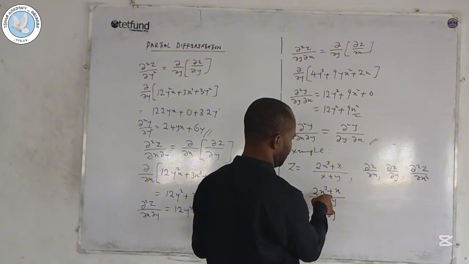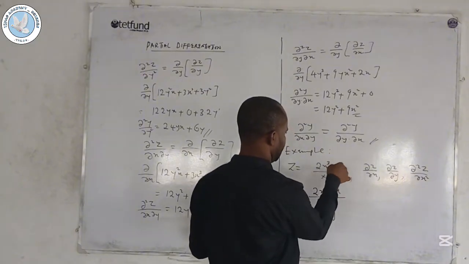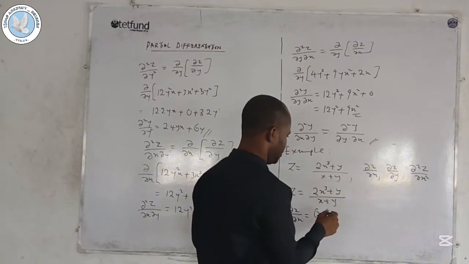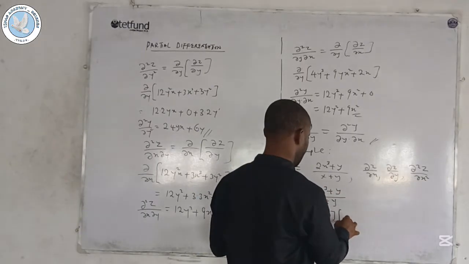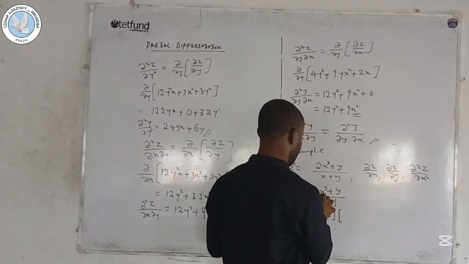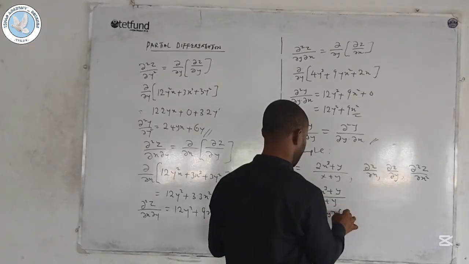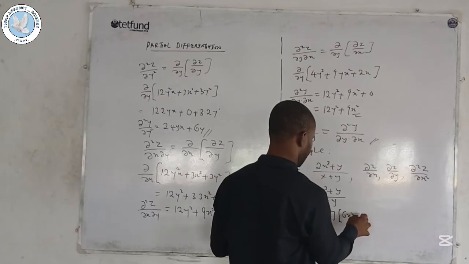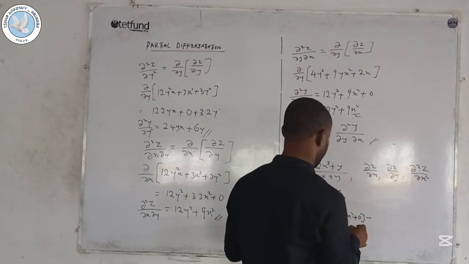Sorry, this is x, this is y. So when we do this, this with respect to x gives you 6x squared plus this, that is y, which is 0 already, so you can put 0, minus.